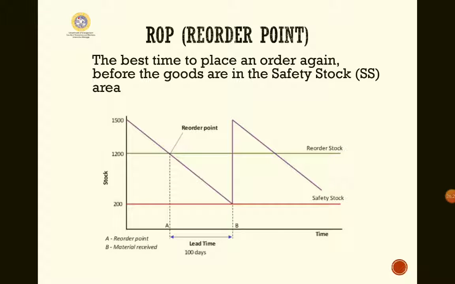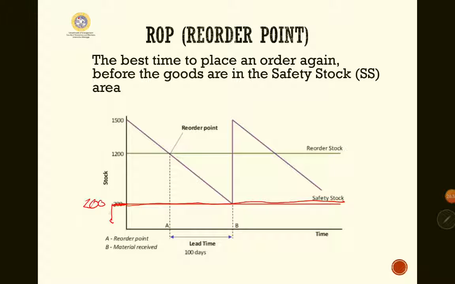So after the EOQ model, we have ROP, reorder point, defined as the best time to place an order again before the goods reach the safety stocks. I mentioned before that you have to decide your safety stock, your buffer zone, the minimum level of inventory that is safe for your company. This is the safety stock of a specific company.